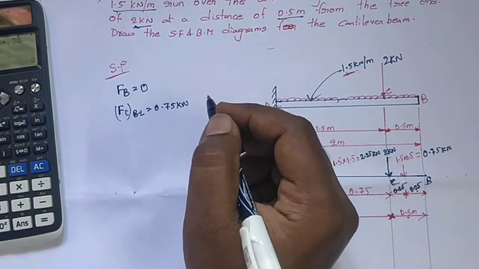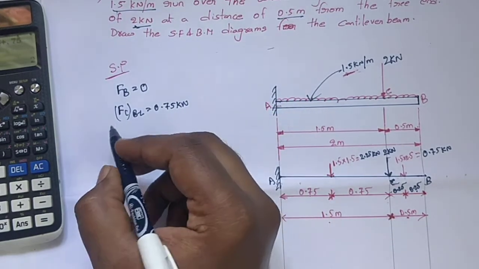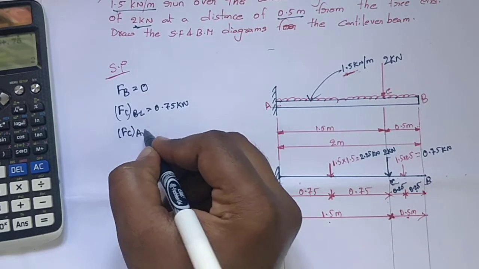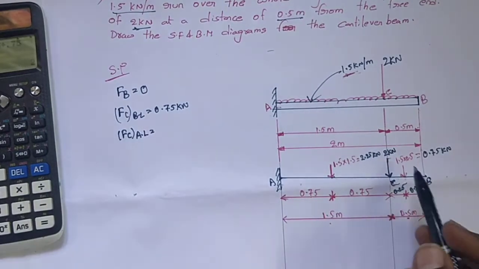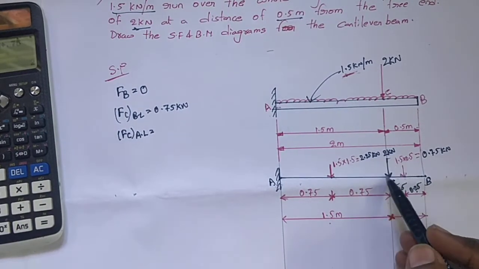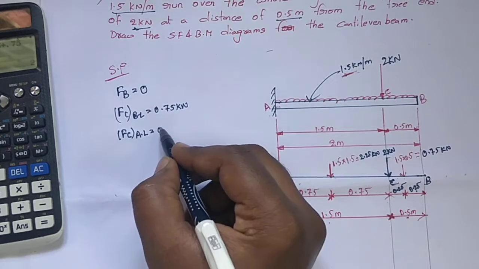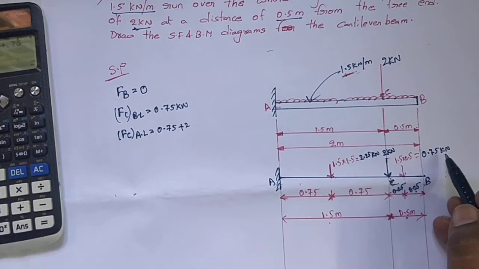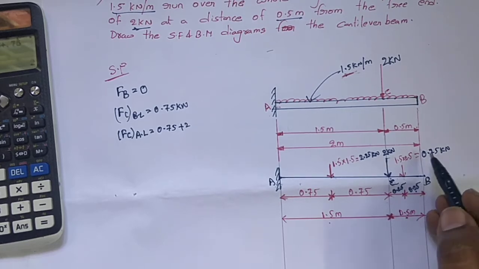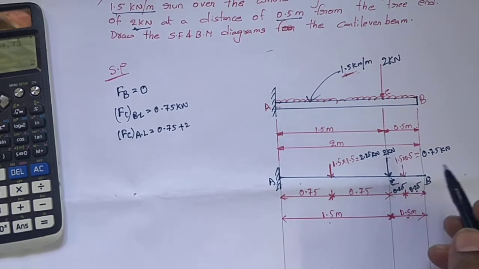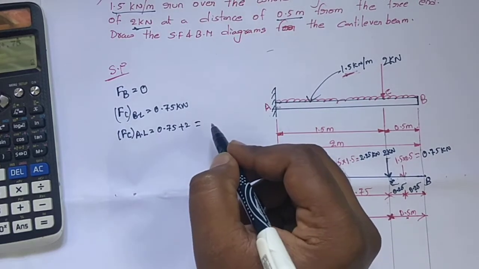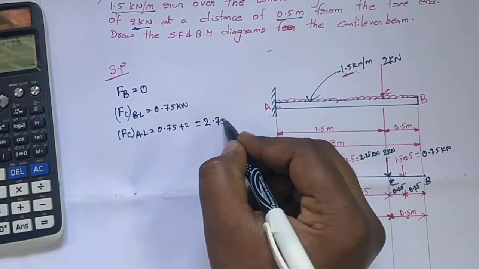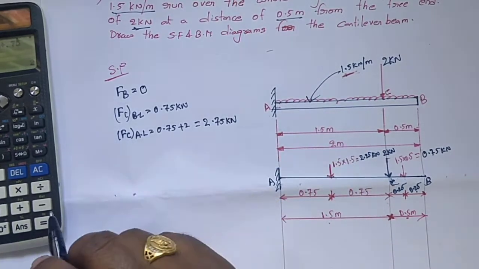It is the shear force at point C before load. Similarly, shear force at point C after load means we consider the load acting at point C, that is 0.75 plus 2. The right side of C has one load, 0.75, and at point C 2 kilonewtons is acting, so the shear force at point C is 2.75 kilonewtons.